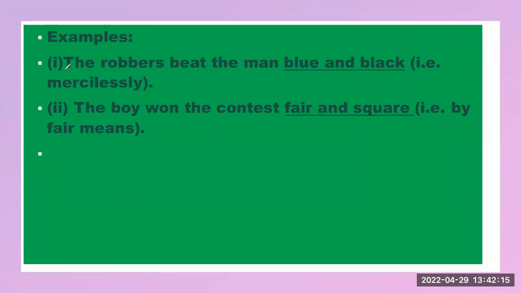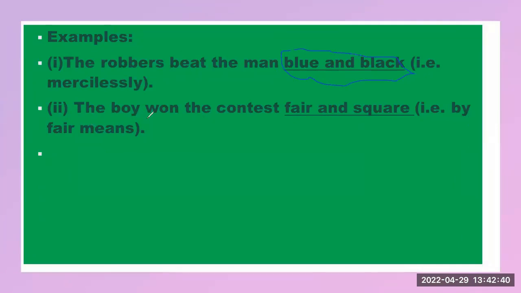For example, the robbers beat the man blue and black. Now, the expression blue and black, which is also idiomatic, forms an adverb phrase, and it means that the robbers beat the man mercilessly. If someone is beaten blue and black, he or she is beaten mercilessly.